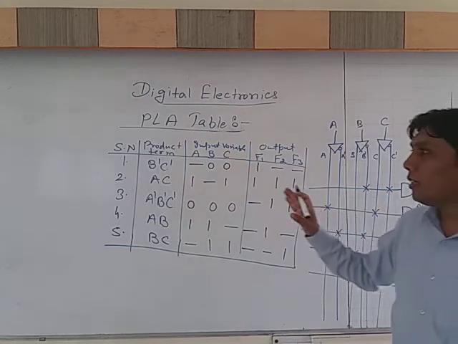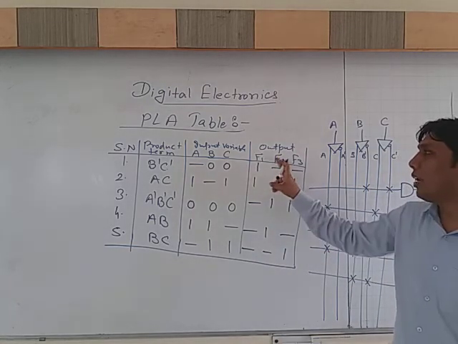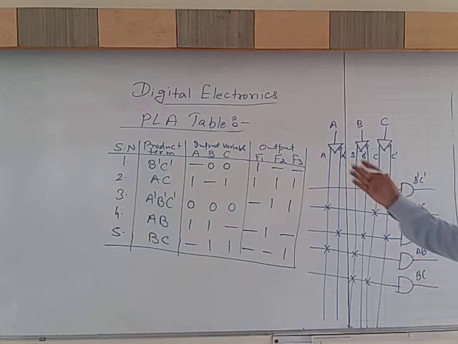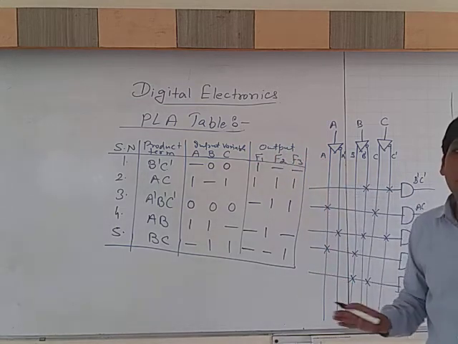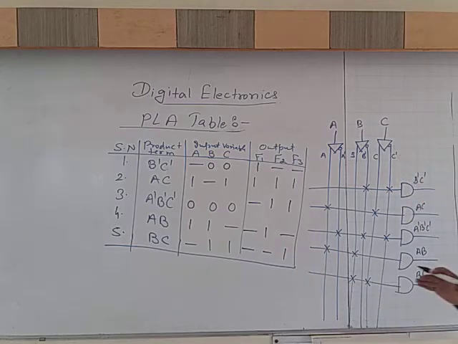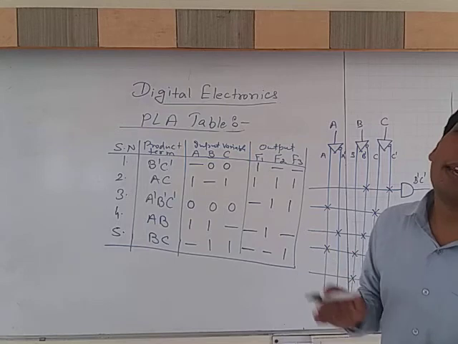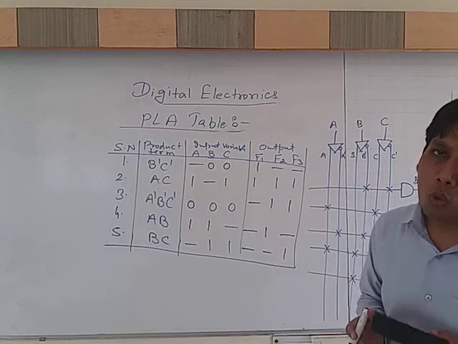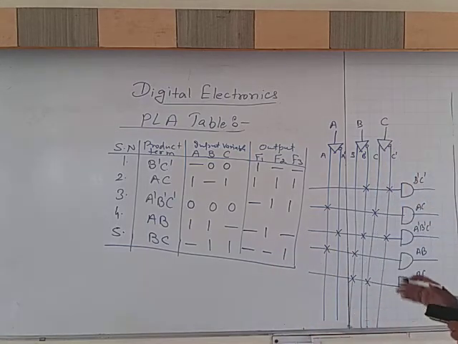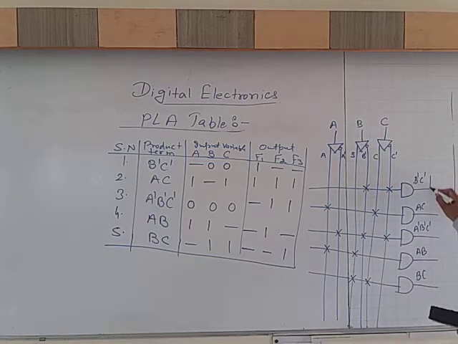The last step is to collect the output functions F1, F2, F3. So as we have 3 output functions, we require 3 OR gates. As in PLA, OR array is also programmable, so we will just use the programmable OR gates. So we require 3 programmable OR gates.